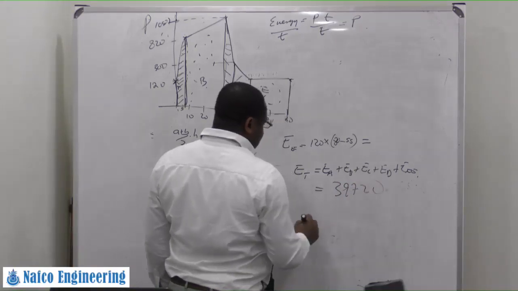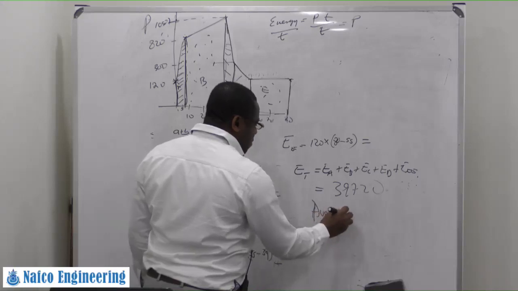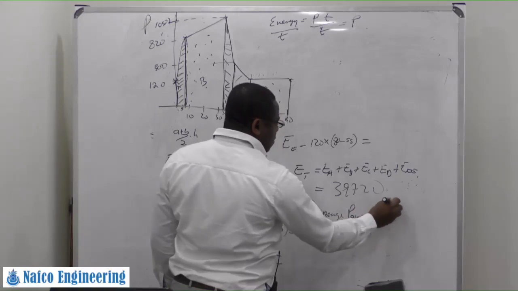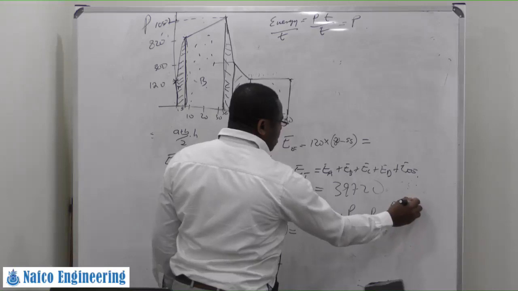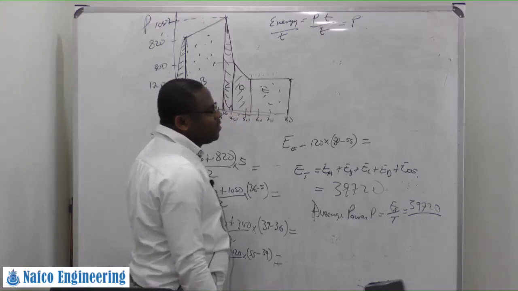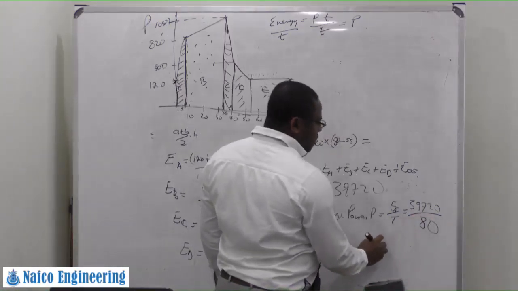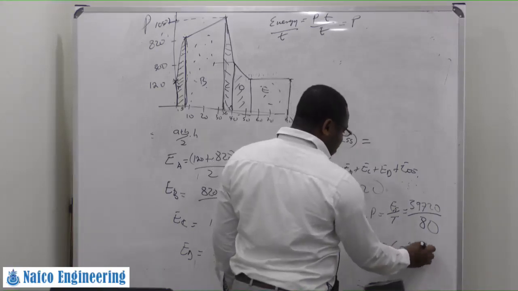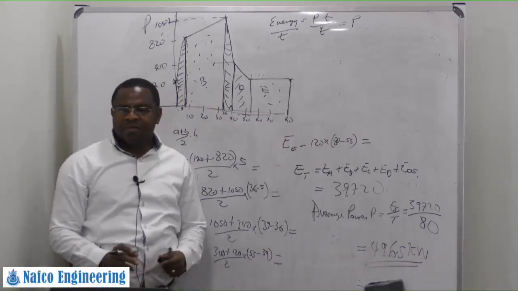So to get the average power, P is E total over time, which is 39720 divided by 80 seconds. When you do that, you get 496.5 kilowatts. So this is about the size of the motor that you can buy for this application.